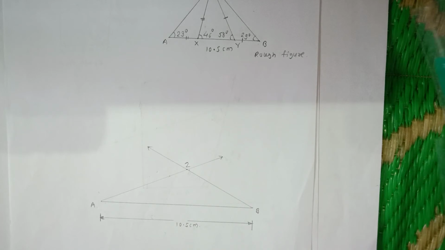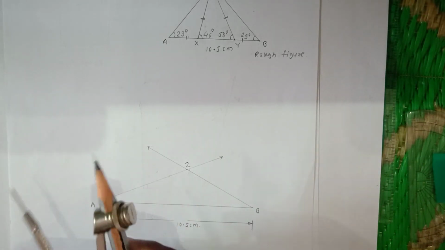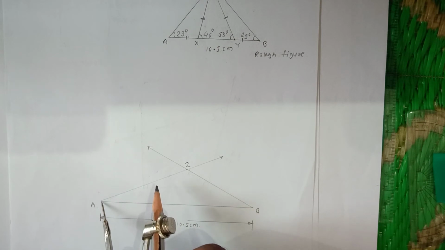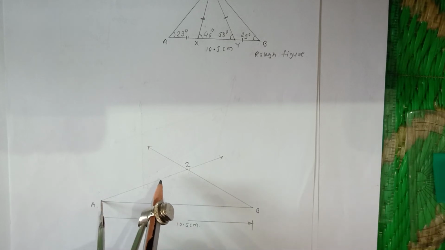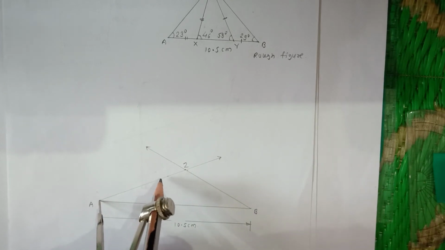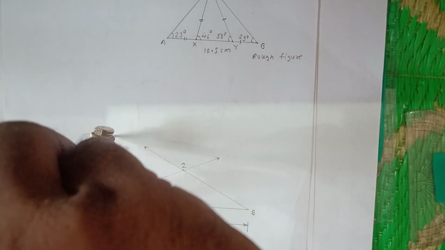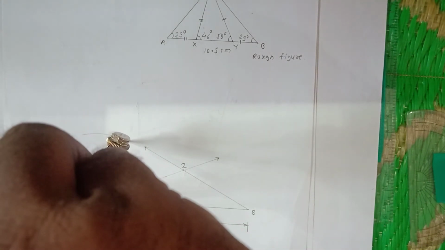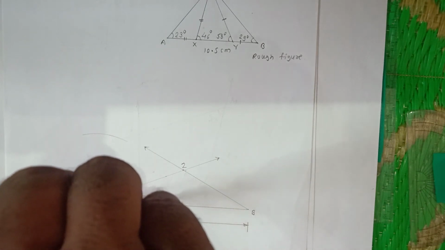Now draw the perpendicular bisector of AZ. So take compass, take more than half of distance in a compass, more than half of AZ, and draw the two arcs on the opposite side of AZ.